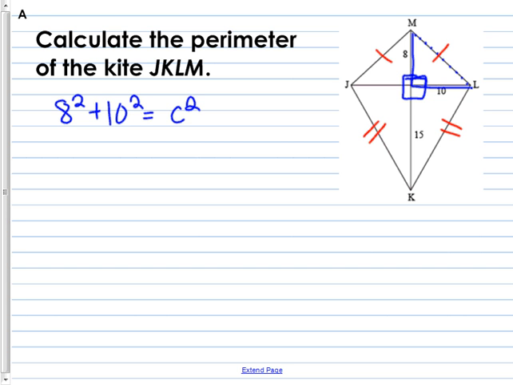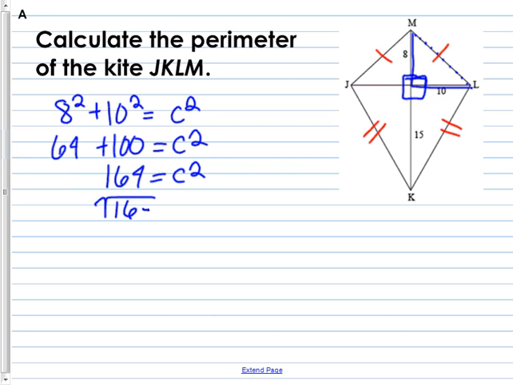A squared plus B squared equals C squared. That's the Pythagorean Theorem. So 8 squared is 64, 10 squared is 100, equals C squared. The square root of 164 equals C.